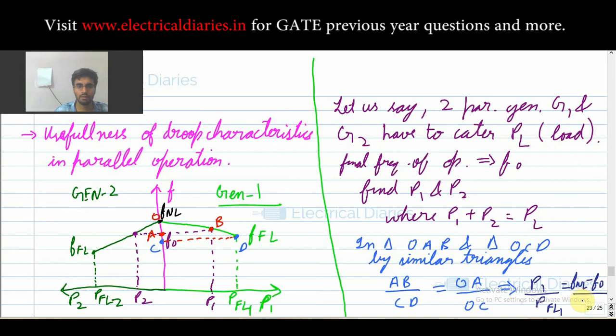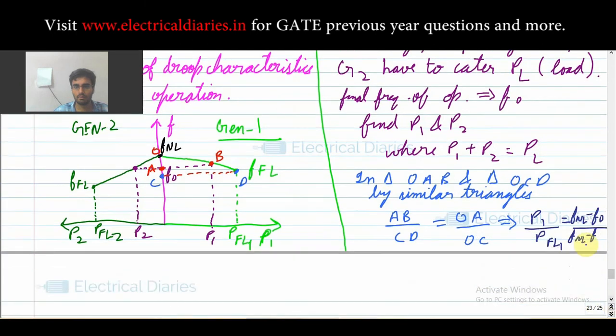OC is FNL minus FFL, since this point C is the frequency at full load. So FNL minus FFL. This will be the expression.